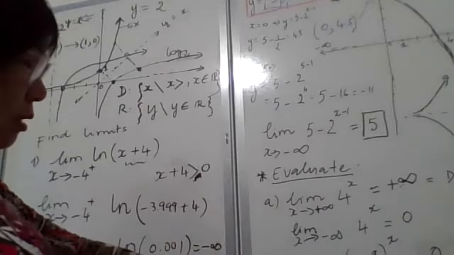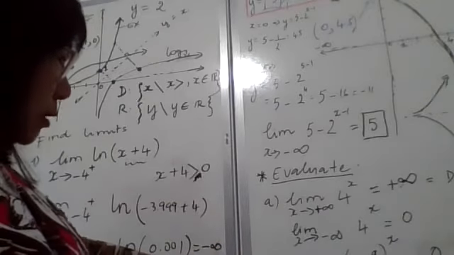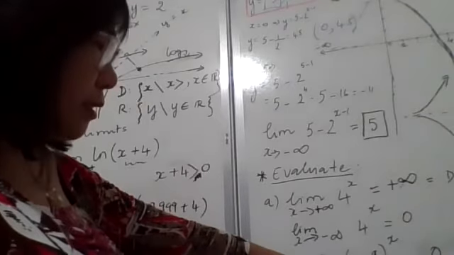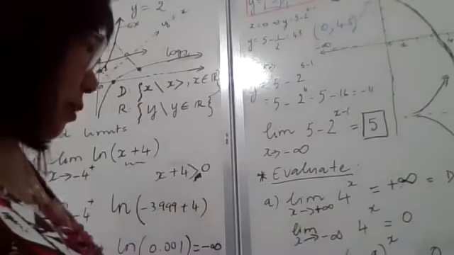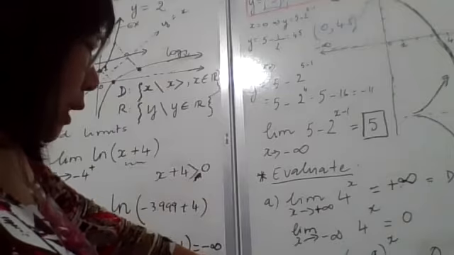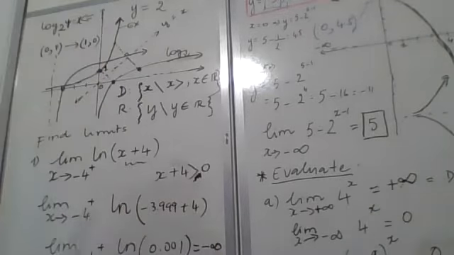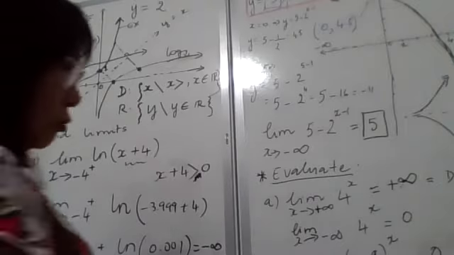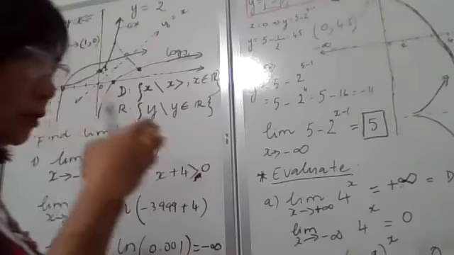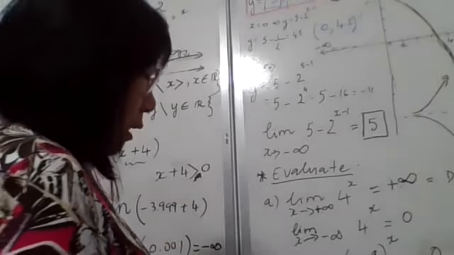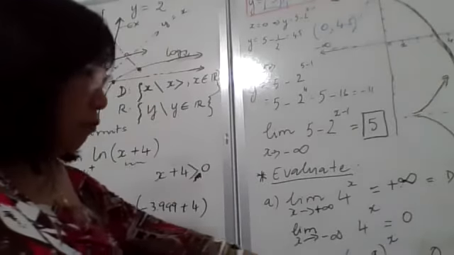Now for question B, if I ask you what is the limit of a very small number less than 1, let's say 0.9 to the power of x, what happens when x approaches positive infinity? To evaluate any limit, you can just try putting in a number, right?